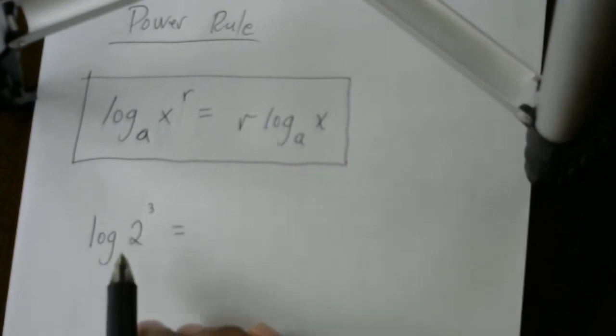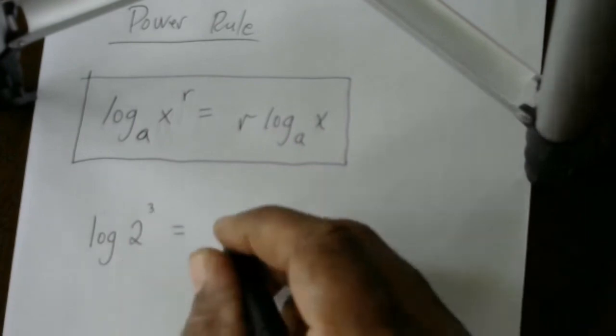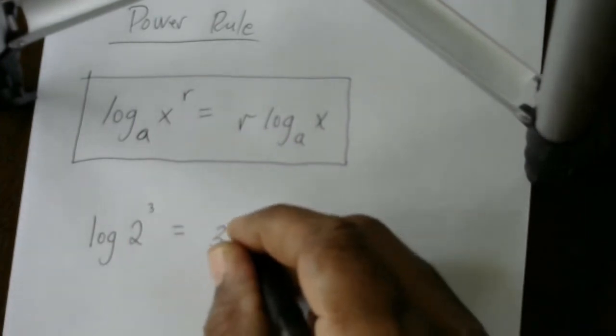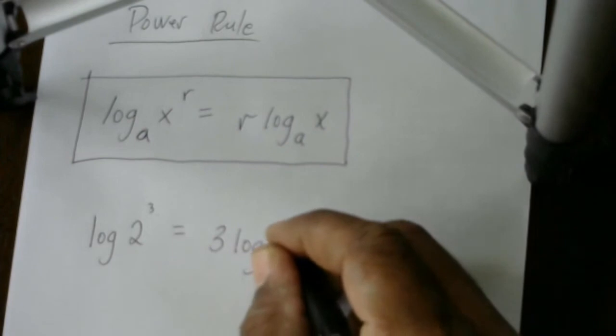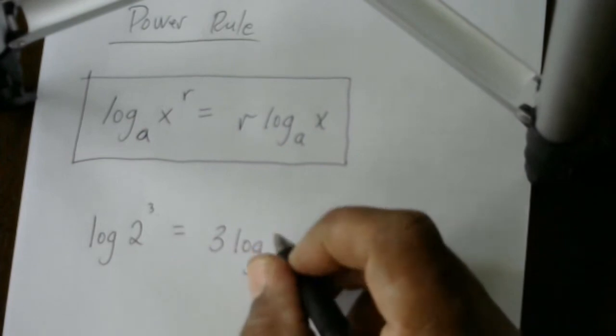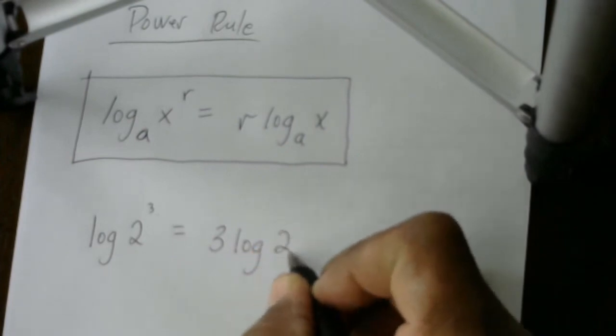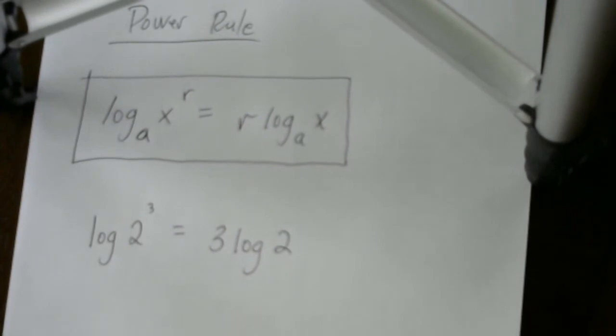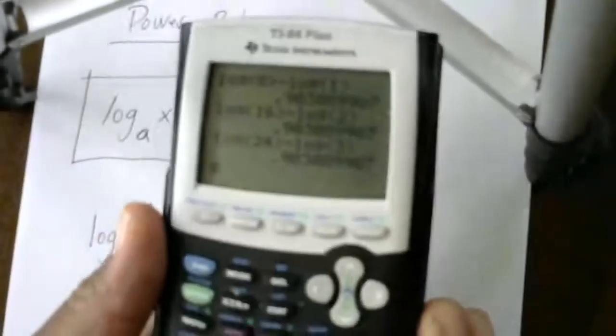So the log of 2 to the third power can be written as 3 times the log of 2. If I put that in my calculator, I'm going to put it in as 3 times the log of 2.